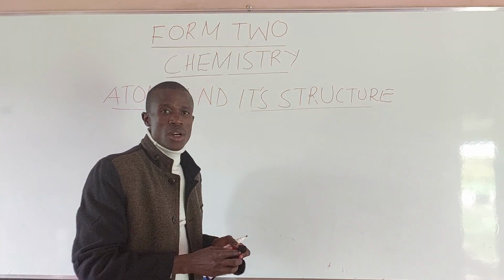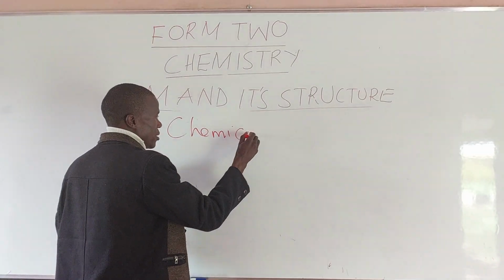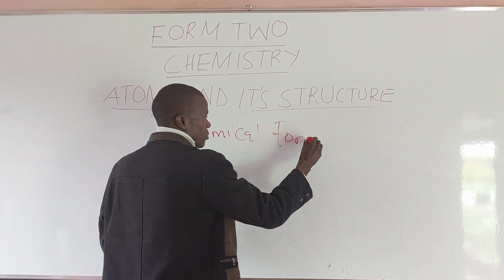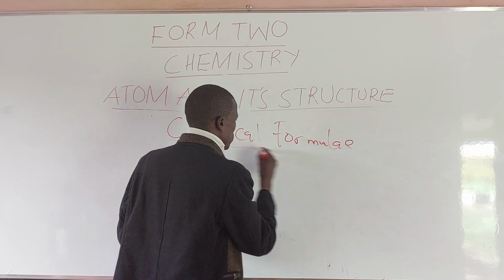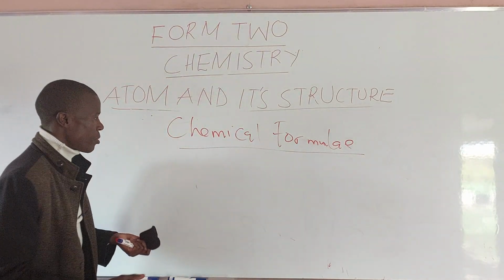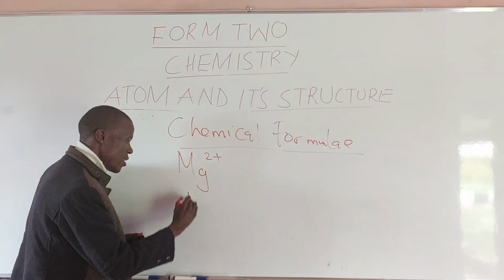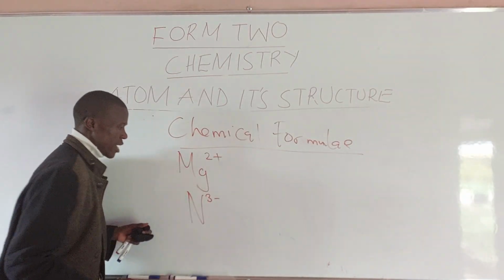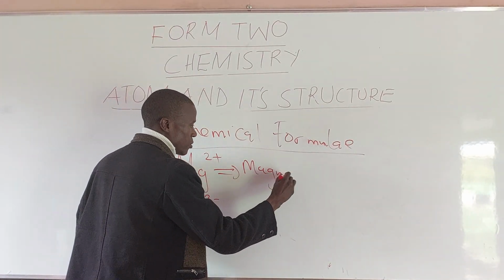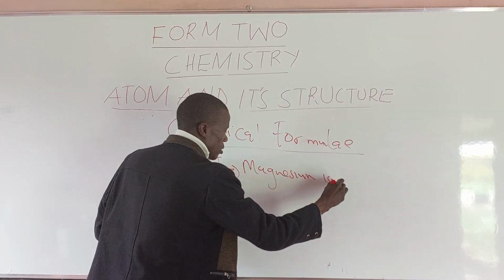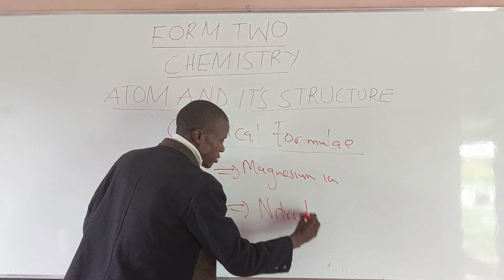That brings me to a subtopic known as the chemical formulae. Let's have an example. This is magnesium ion, and this is nitride ion.